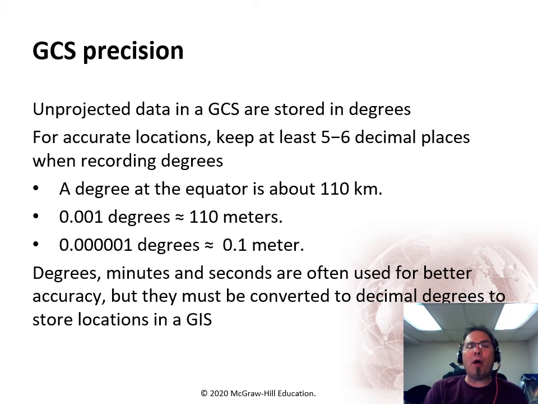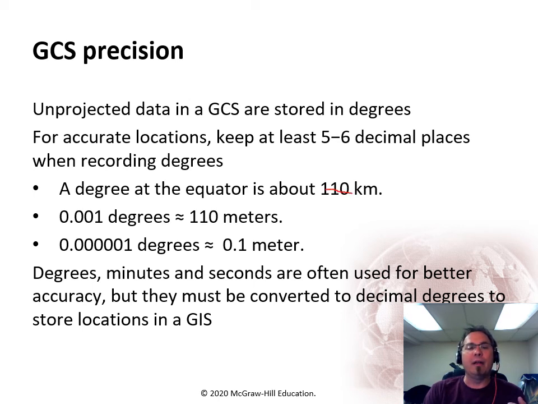One of the problems is that there's not very much precision in GCS. Now you see the acronym GCS. That stands for Geographic Coordinate System. Geographic Coordinate System, or GCS, equals Lat/Lon, which is unprojected. You should probably know that. That's stored in degrees, and a degree at the equator is about 110 kilometers.